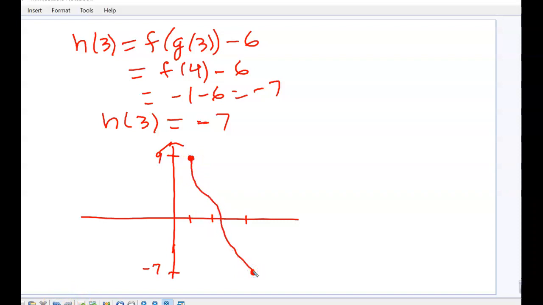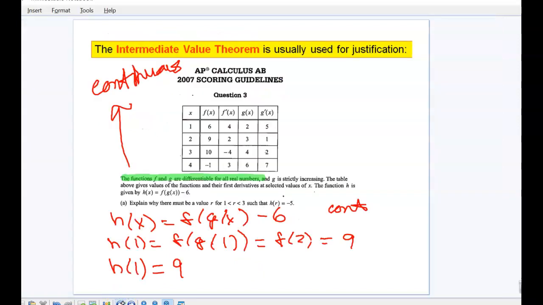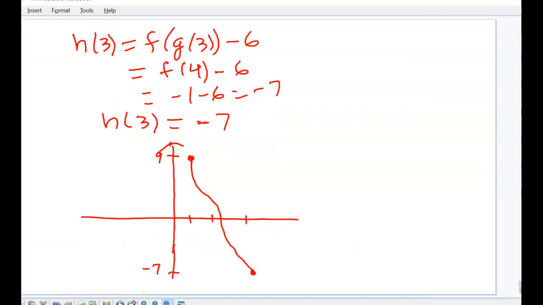Passes the vertical line test. So now the question is saying, show that the function must take on a value of -5. Well, -5 falls between 9 and -7, so if this is -5 here, obviously it has to hit the function somewhere.